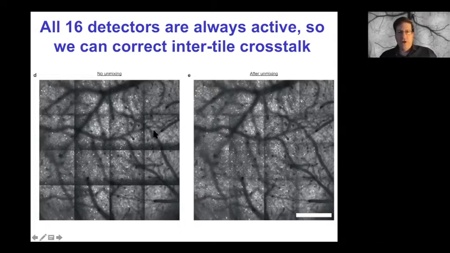This is due largely to fluorescence scattering between the tiles. But by using the information from all 16 detectors, you can actually correct for the scattering, unmix its effects, and arrive at images that look like those shown on the right here. And so this is an important part of the data processing that we perform.